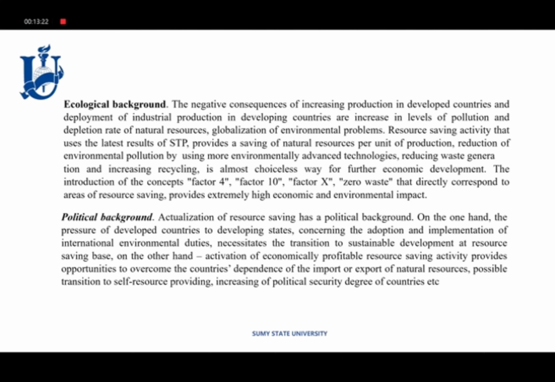The introduction of the concepts Factor 4, Factor 10, Factor X, and zero waste, which directly correspond to areas of resource saving, provides an extremely high economic and environmental impact.